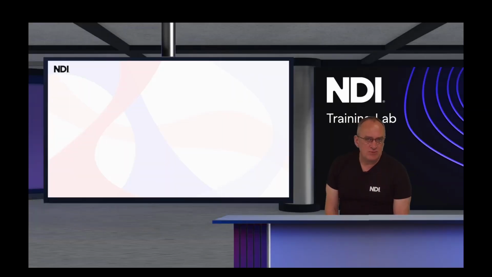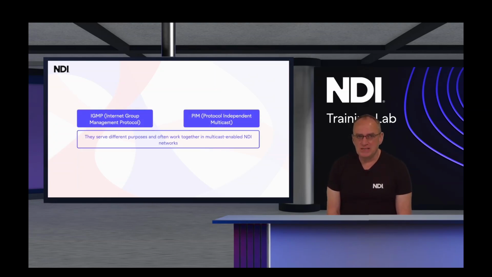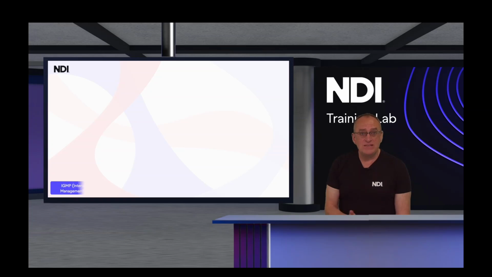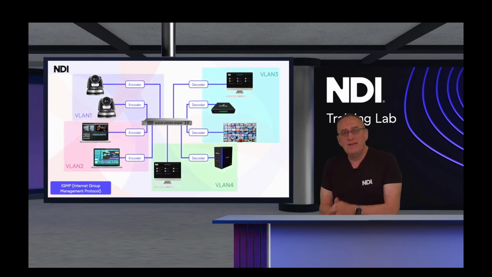A common misconception is that IGMP and PIM are alternatives, when in reality they serve different purposes and often work together in multicast-enabled NDI networks. IGMP, or Internet Group Management Protocol, is a Layer 3 protocol and it operates within a subnet or a VLAN.